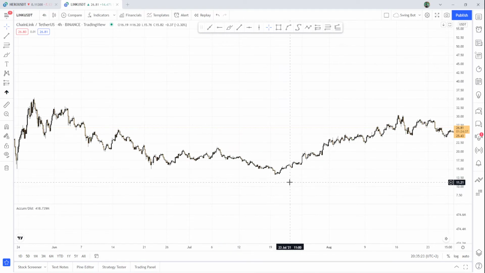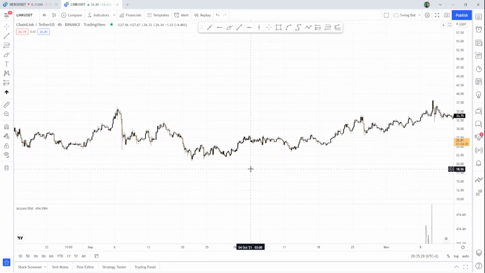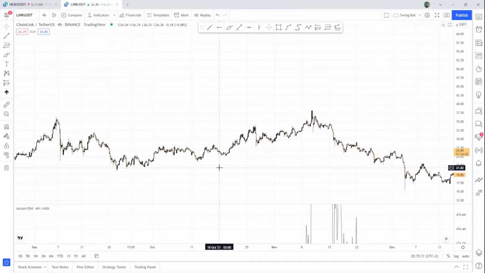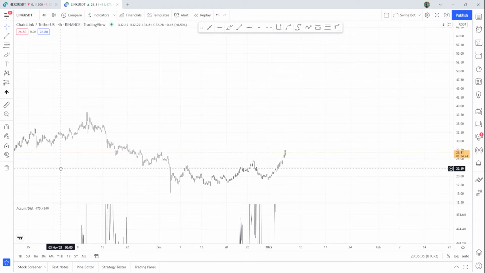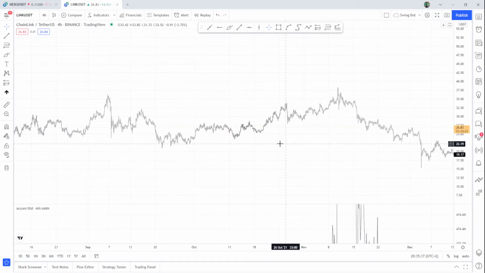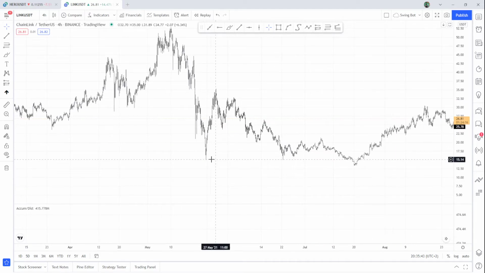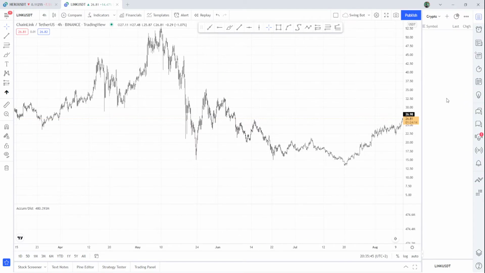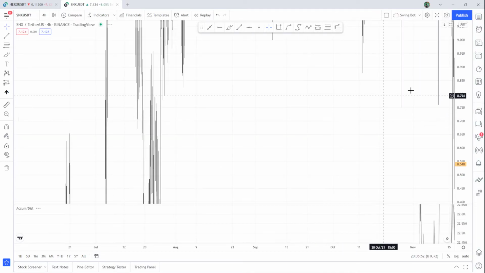I'm looking for something, but let's see if I find any. No, I don't find on this coin actually. Let's go to another one.